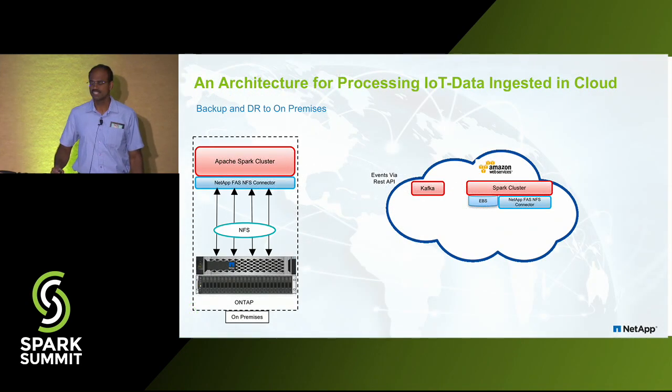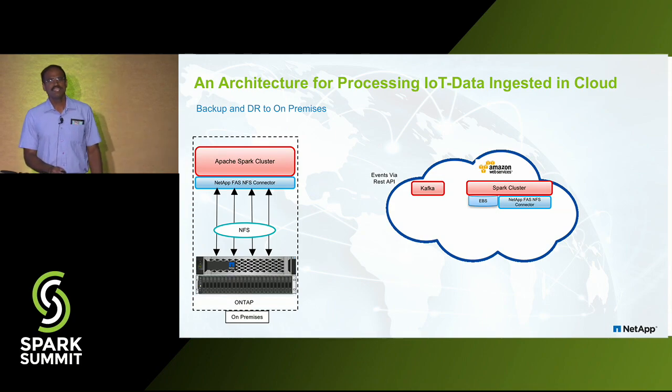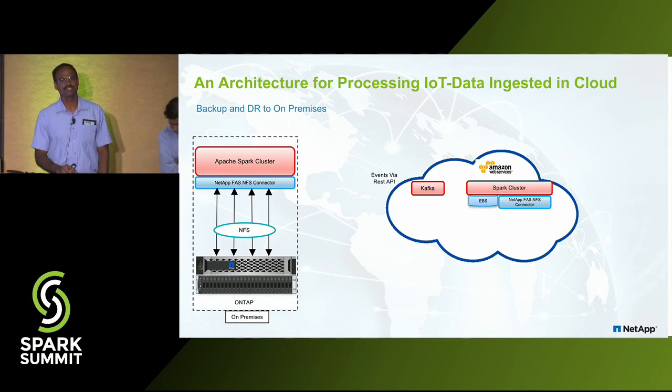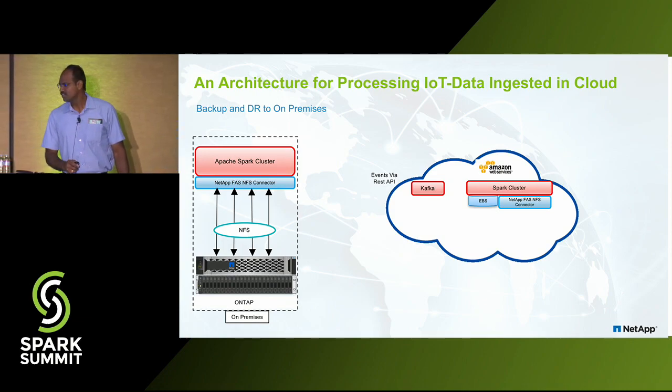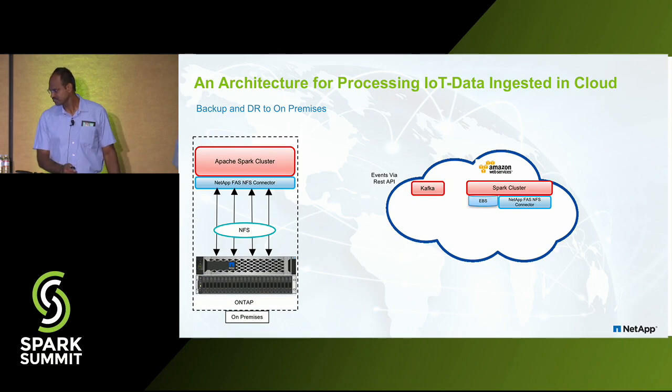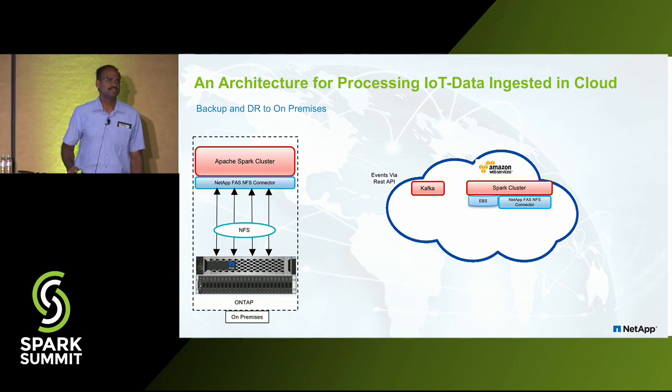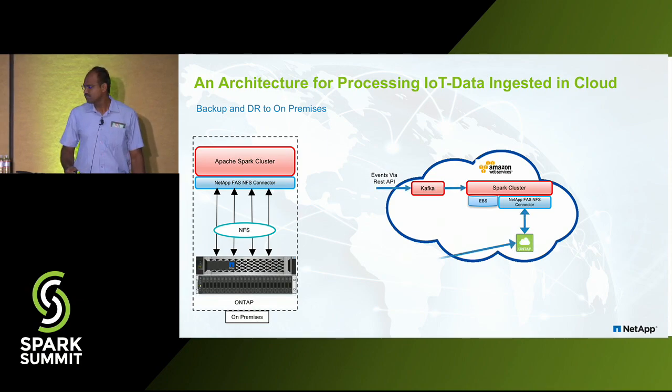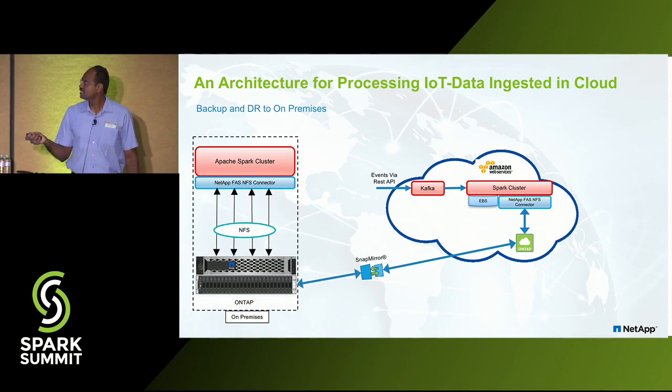How are we addressing that? My friend Nilesh already explained the NetApp data fabric story and the data fabric building blocks. In this case, on the left hand side, we have the Apache Spark cluster, and on the right hand side, say for example, Amazon Web Services, their cluster is running over there.